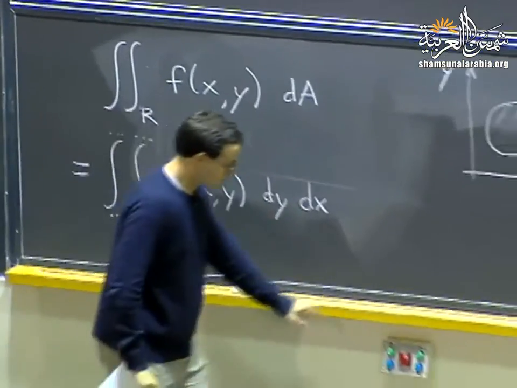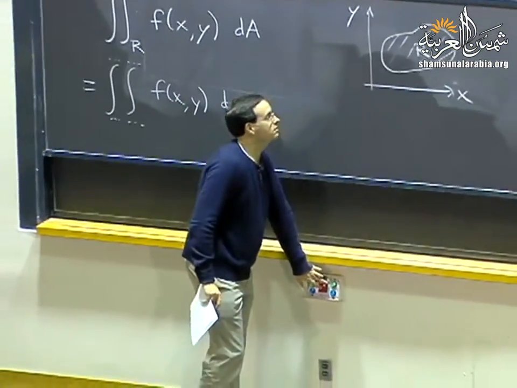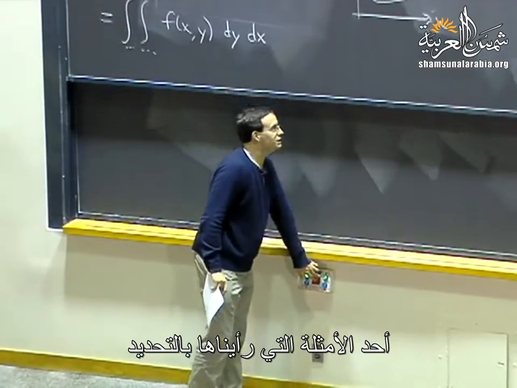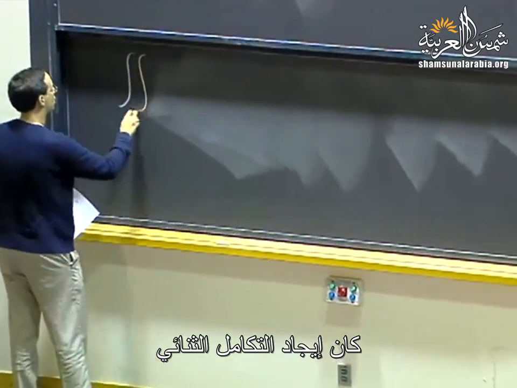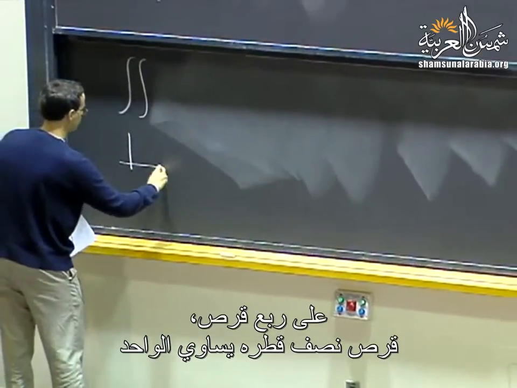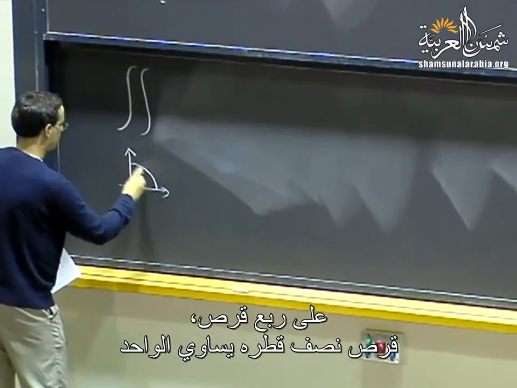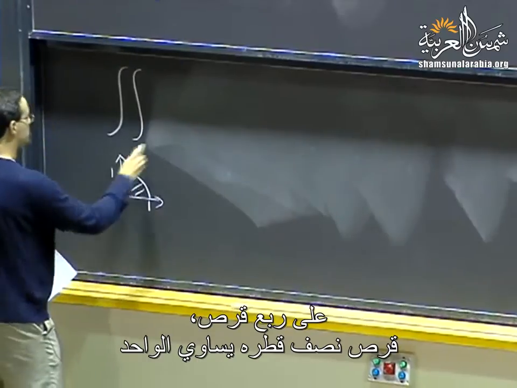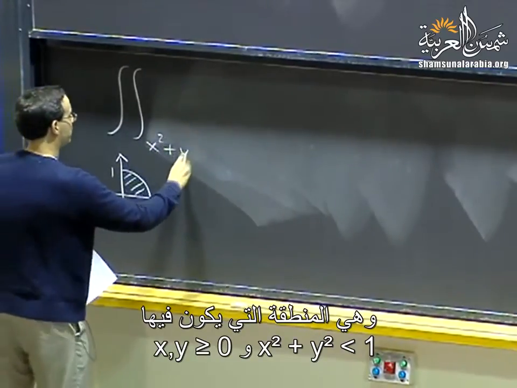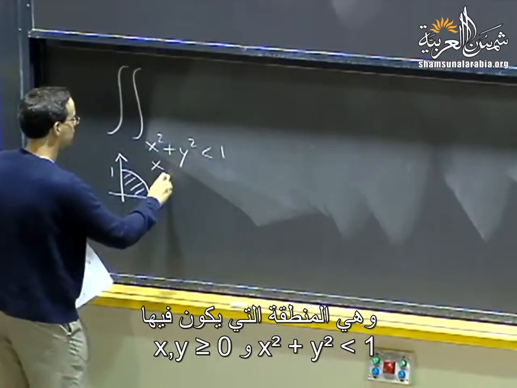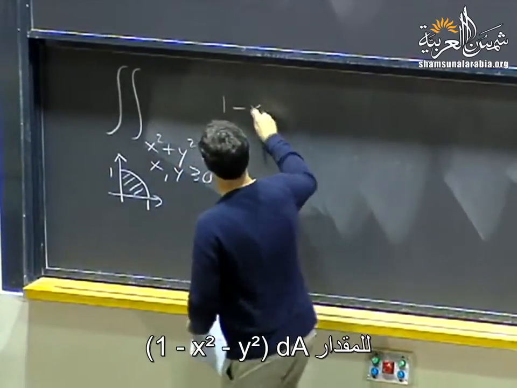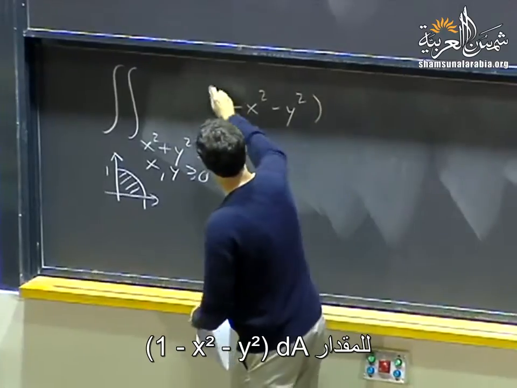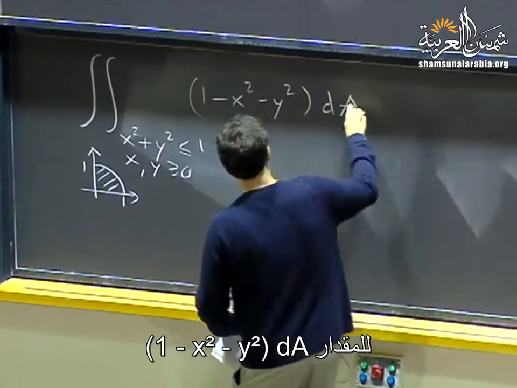So one example that we did in particular was to compute the double integral over a quarter disk, quarter of a unit disk. So that was the region where x squared plus y squared is less than 1, and x and y are positive, of 1 minus x squared minus y squared dA.